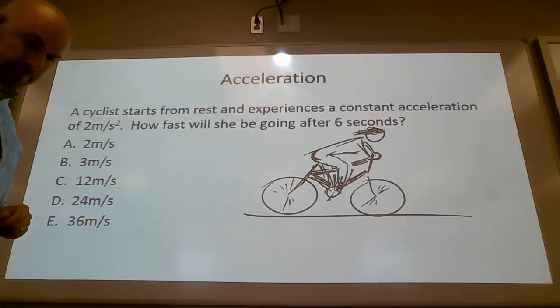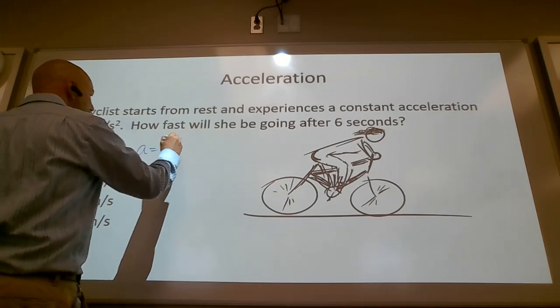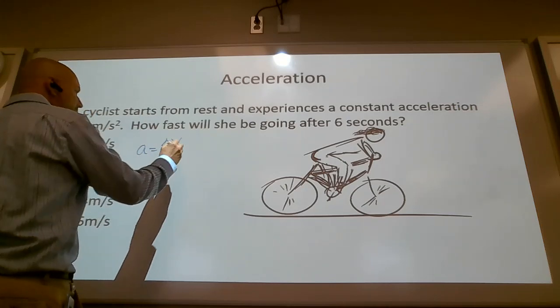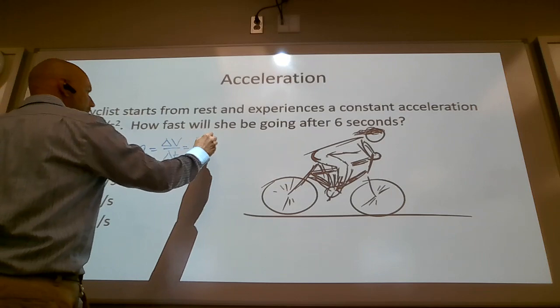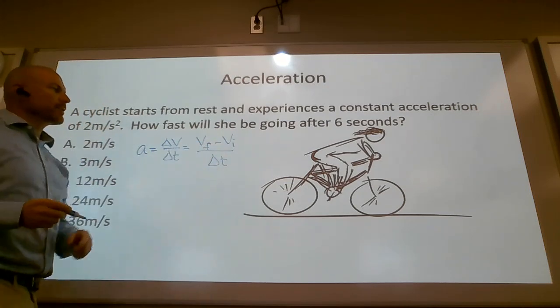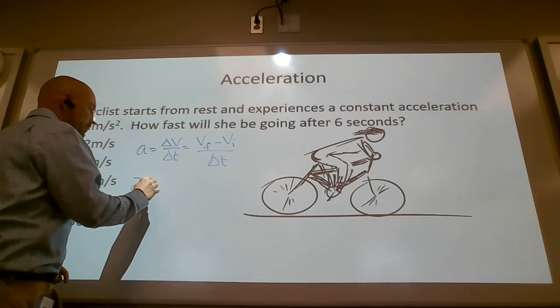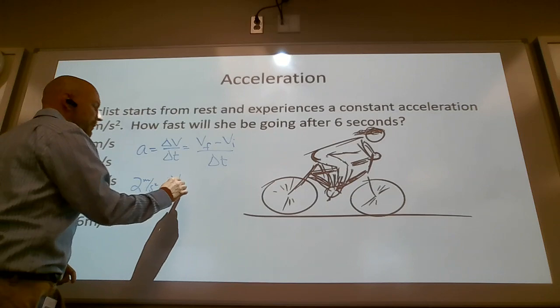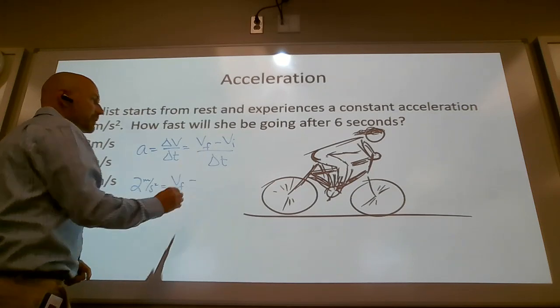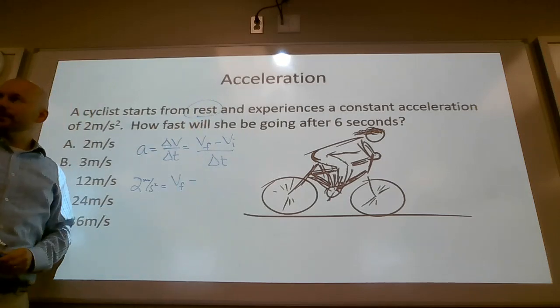Mathematically, you can pull this off like this. Acceleration is change of velocity over time interval. You have final velocity minus initial velocity. So you have an acceleration of 2 meters per second squared is equal to a final velocity, what you're looking for, minus your initial velocity. What was your initial velocity? 0, because you're at rest.